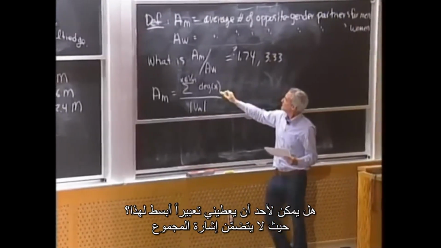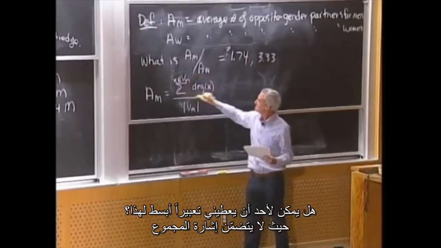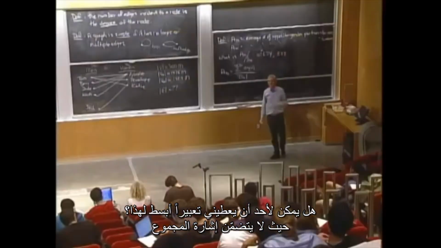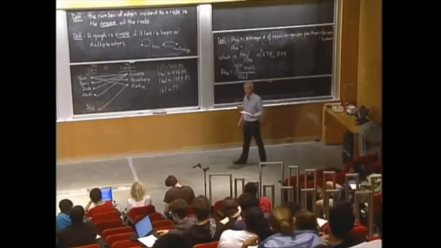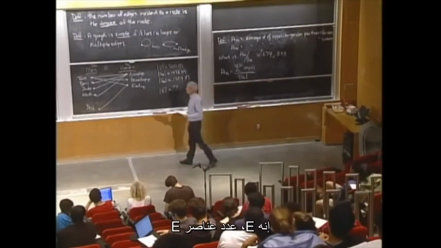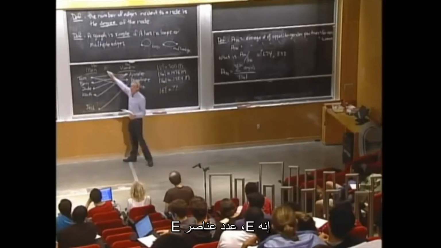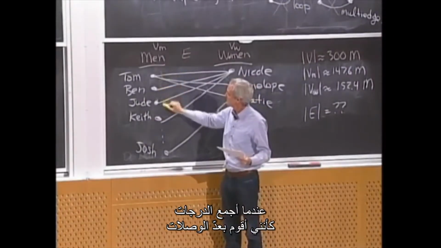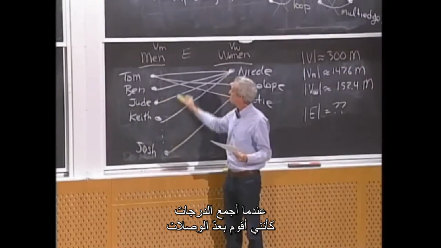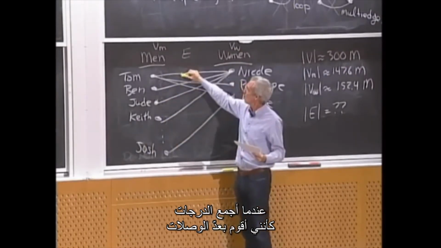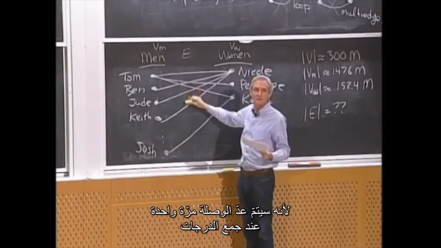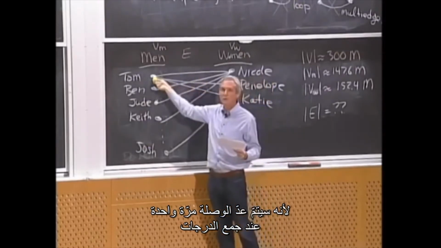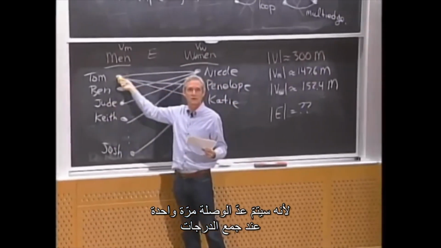All right, can somebody give me a simpler expression for this? It doesn't have that nasty sum in it. I'm adding all the degrees here. Well, that's just another way of counting all the edges, because every edge shows up once and only once in a degree count here.